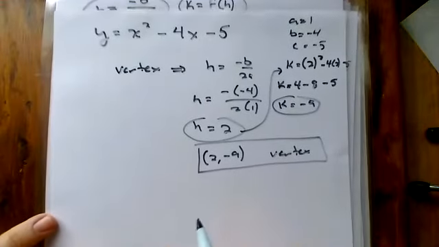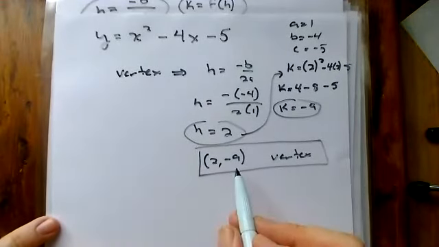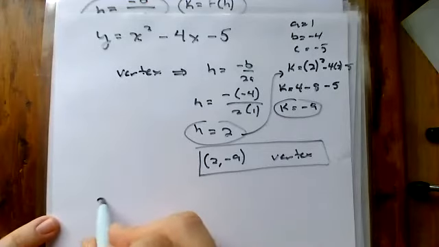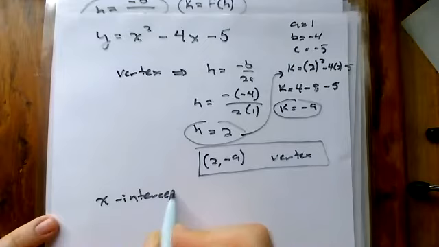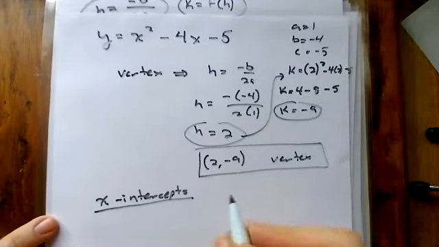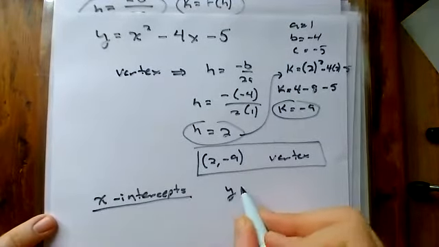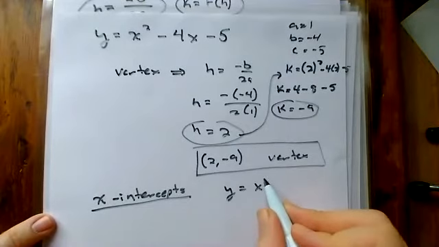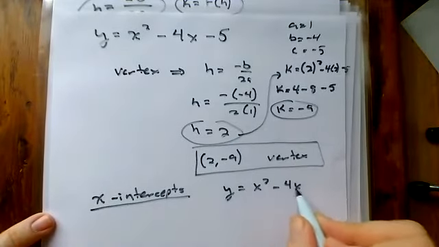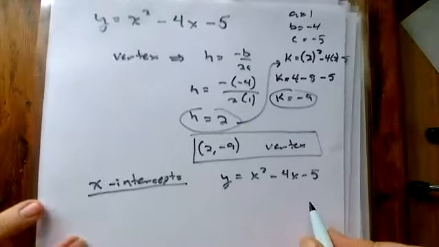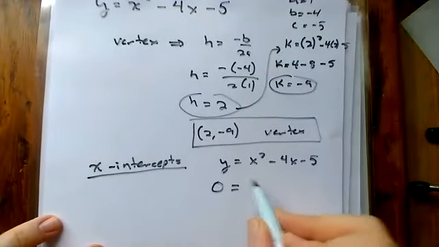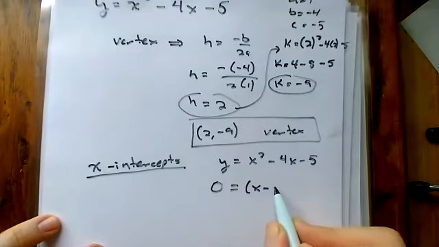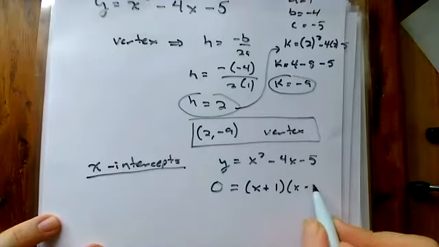Next, let's find our x-intercepts. For our x-intercepts, remember I said we're going to set that y equal to 0. Some of these, not all of them, are going to be relatively easy to factor. So when I set this equal to 0, I'll be able to factor this, and in this case I'll have x plus 1 and x minus 5.